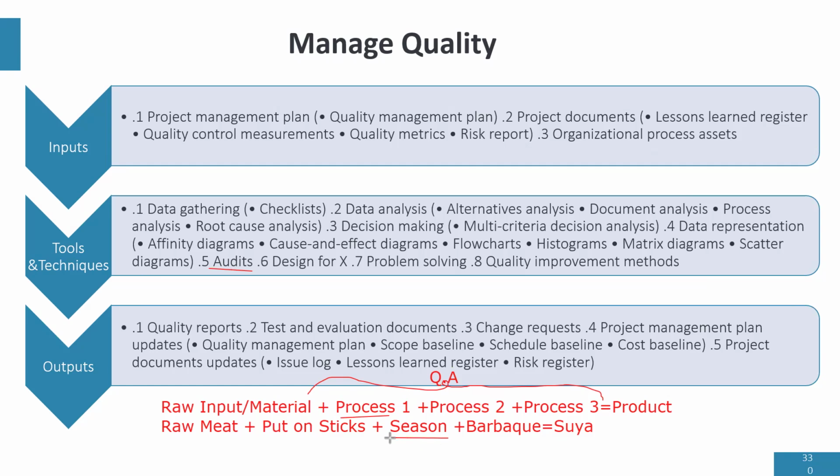What's going to happen is that there's going to be a problem with seasoning because it's going to start affecting the taste of the product, right? In terms of suya, if there's no one to audit the seasoning process. So quality assurance validates that processes are done according to plan.